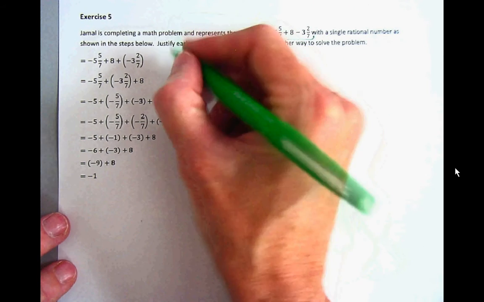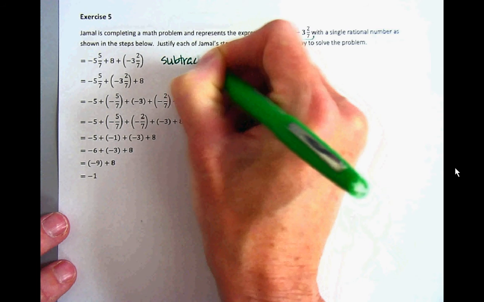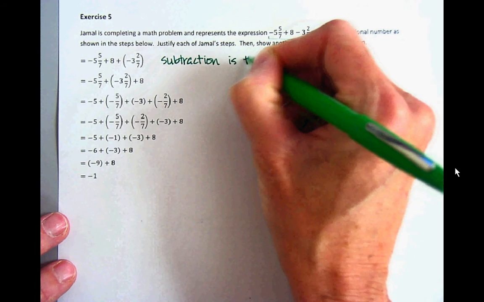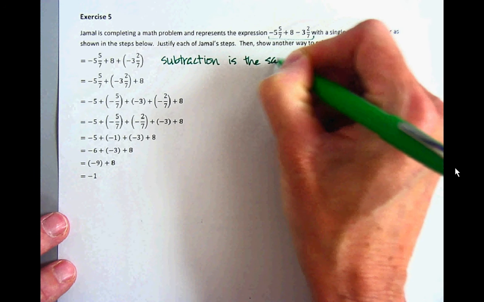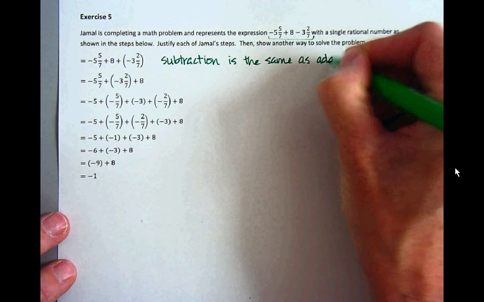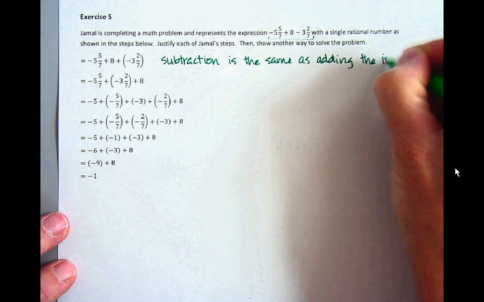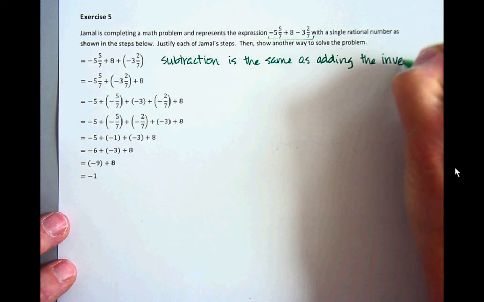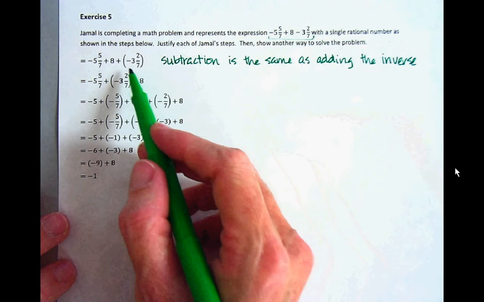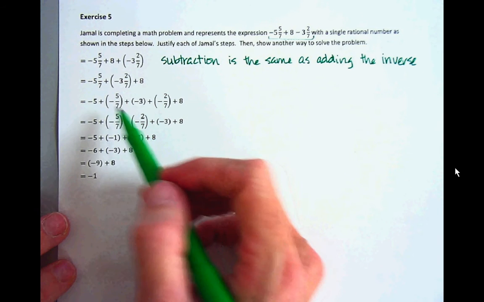So subtraction is the same as adding the inverse. All right, so we've turned minus 3 2/7 into plus a minus 3 2/7.